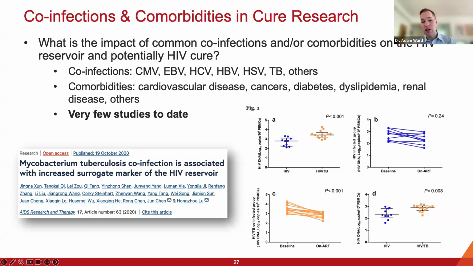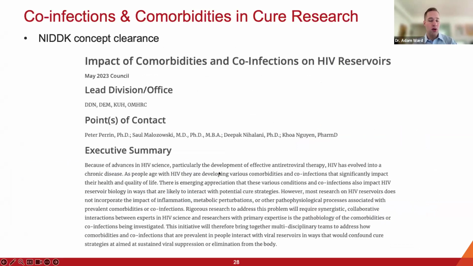And so that shows that co-infections may actually have an impact on the HIV reservoir. Much more remains to be determined. So also when talking about co-infections and comorbidities and cure research, there's this recent concept, clearance.